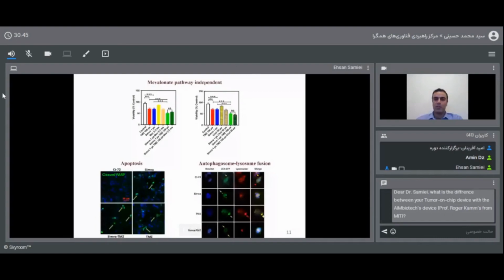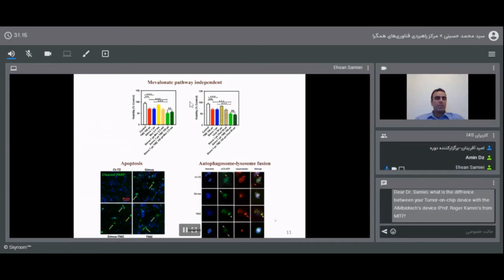You can see the change in the color here. That was not observed in the control group, simvastatin alone, or simvastatin and TMZ co-treatment. This was a good sign, and it showed that combination therapy, simvastatin and temozolomide, could be considered an effective method for treating glioblastoma without building resistance against the chemotherapy.